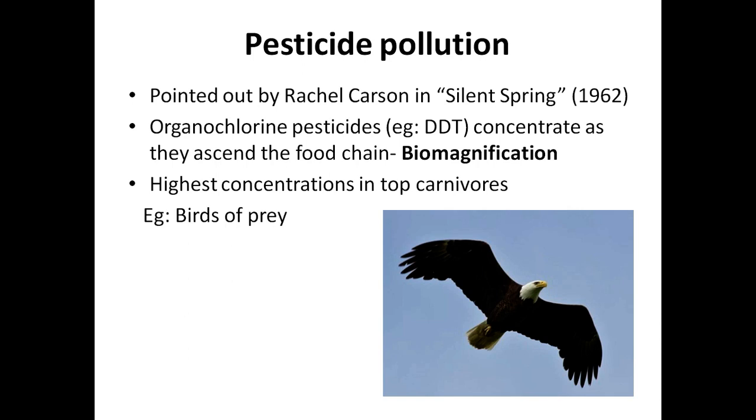As a result, you can find the highest concentrations of these pollutants in top carnivores such as birds of prey. One example is the bald eagle, our national symbol. Bald eagles almost crashed in the 1960s because of DDT.